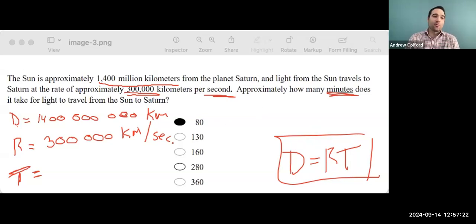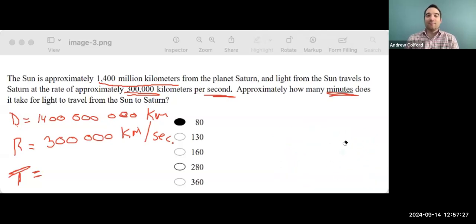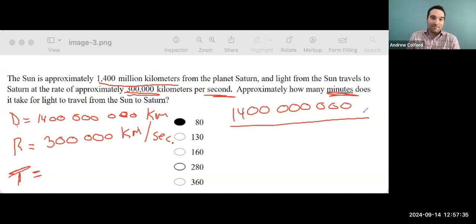So that's 1400 million divided by the rate. And writing this out, again, maybe you scoff at me, but I'm not getting this question wrong if I'm writing it out. 1400 million over 300,000. And I do my favorite little chopping zeros trick.